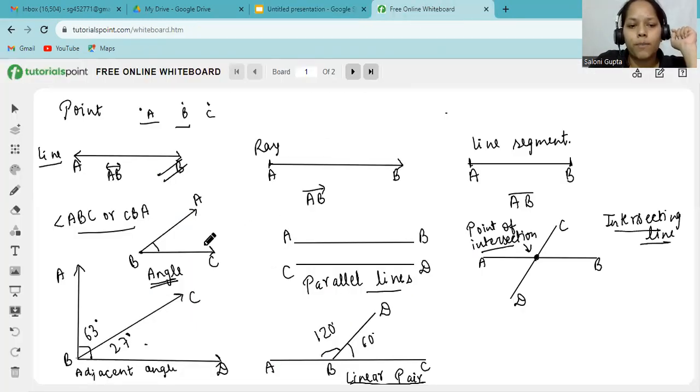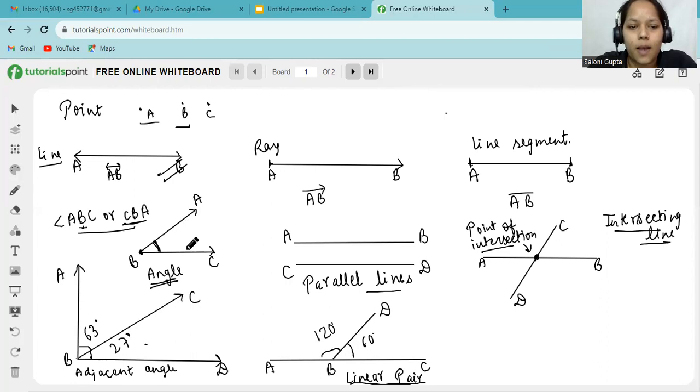You can see this example, angle ABC. In this angle ABC, B is the common point, the vertex. B will always come in the middle. So this is angle ABC and this is angle CBA. I hope this is clear to everyone.